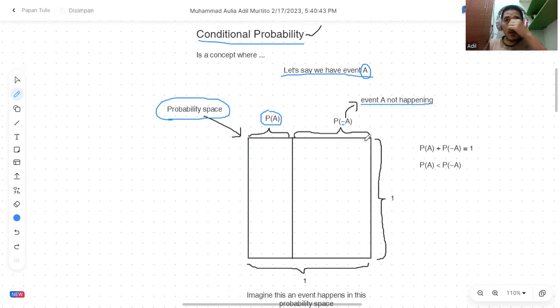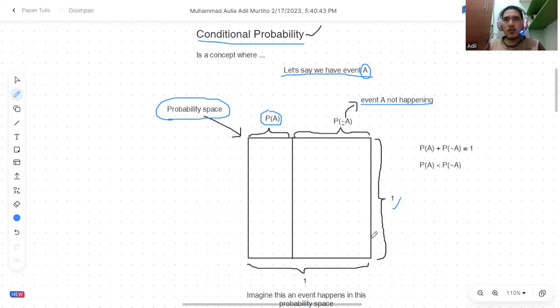Because this is probability, one means that it is happening, and zero means it doesn't have a chance of happening. So this is the probability space.